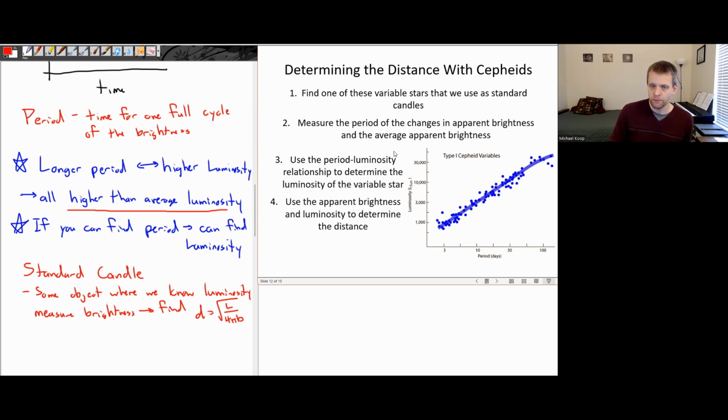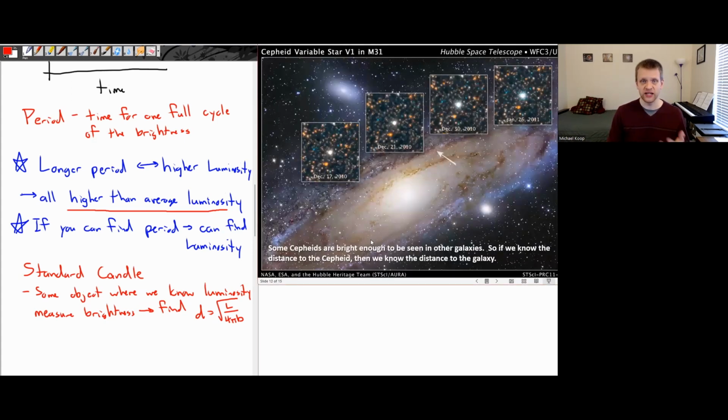And if we know both the luminosity and the apparent brightness, we can use this equation to figure out the distance to that star. And again, this works for distances much greater than we can reach with either of our other distance measurements, the parallax measurements or the main sequence fitting.